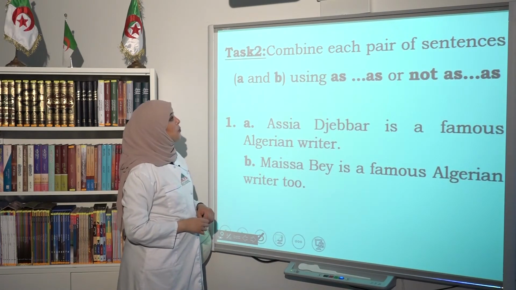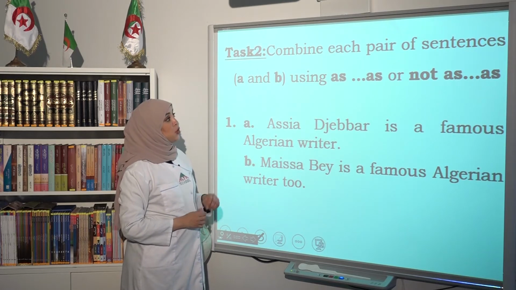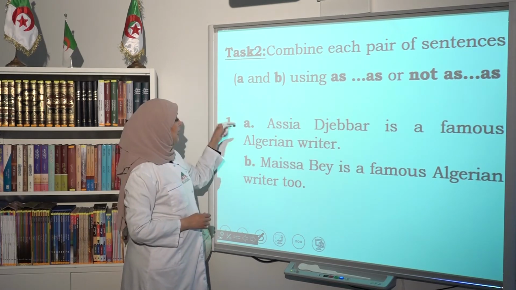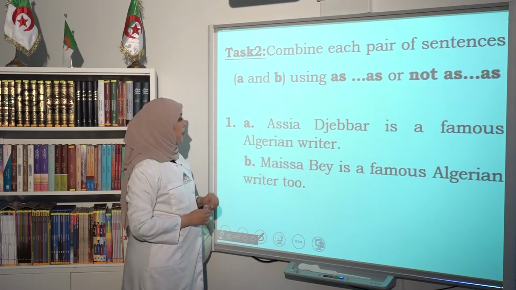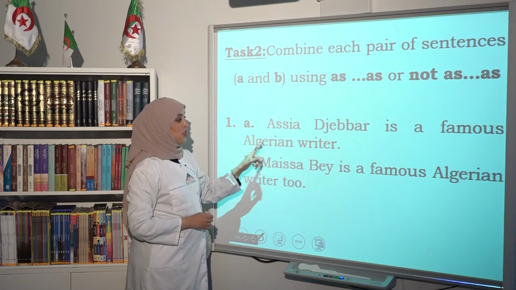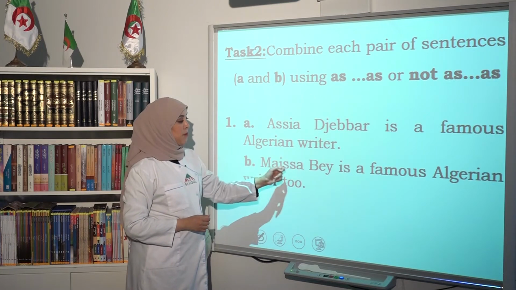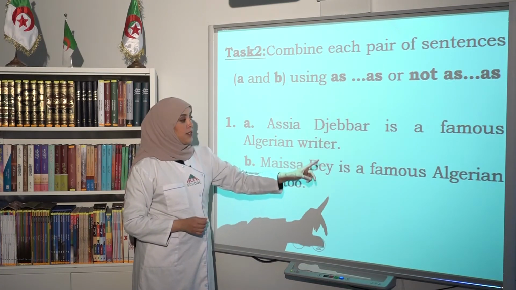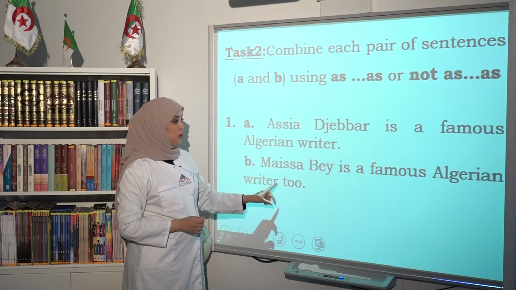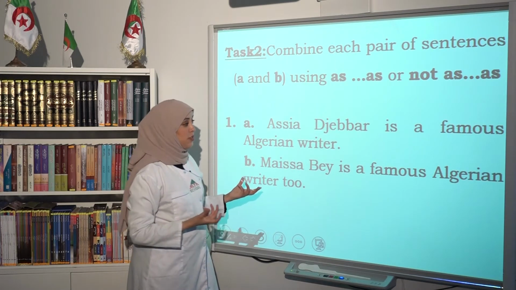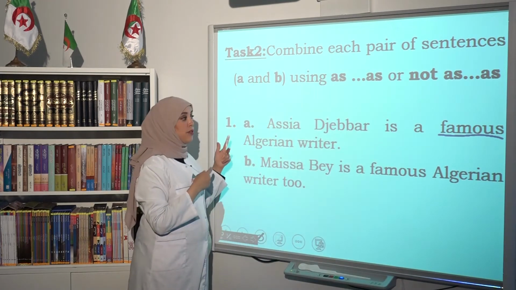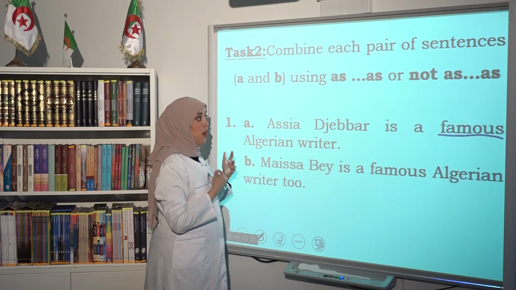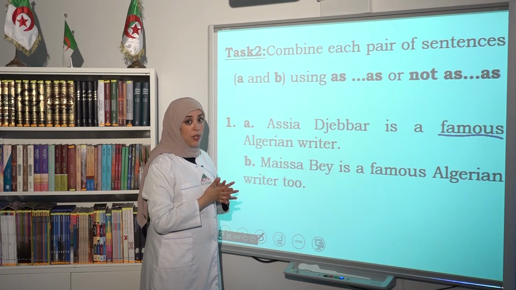Now, task 2, combine each pair of sentences A and B using equality or inferiority. Assia Jabbar is a famous Algerian writer. Maissa Bey, a woman writer too, is a famous Algerian writer too. So my adjective here would be famous. Here it means both of them are famous writers. I'm going to use the comparative of equality.